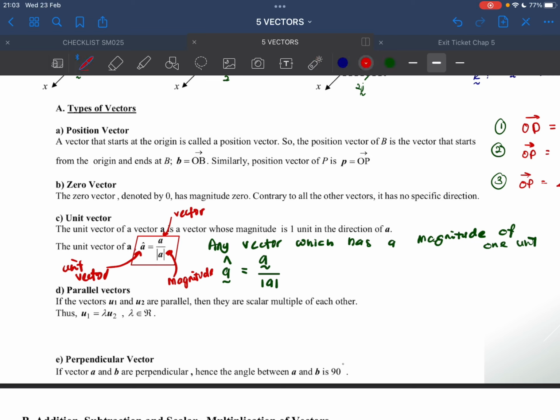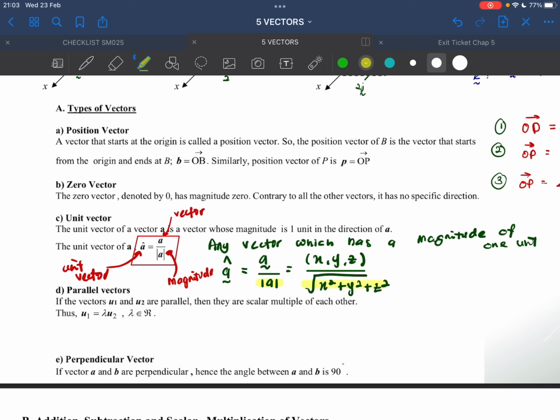If we write in vector form, let's say your vector is xyz over the magnitude. How to find your magnitude? The formula for magnitude is the square root of x square plus y square plus z square. Please remember, to find the magnitude, this is the formula.